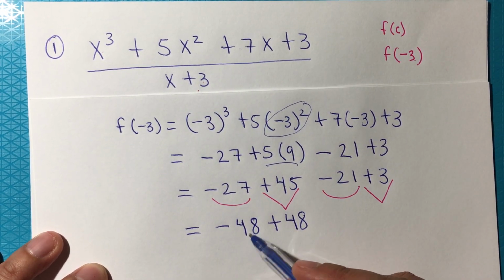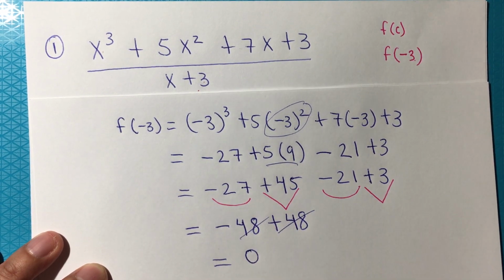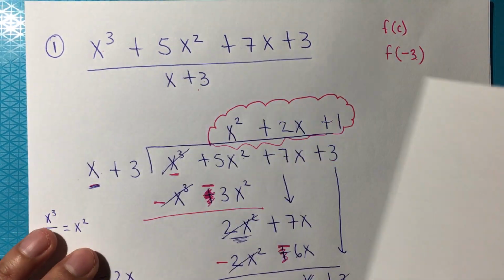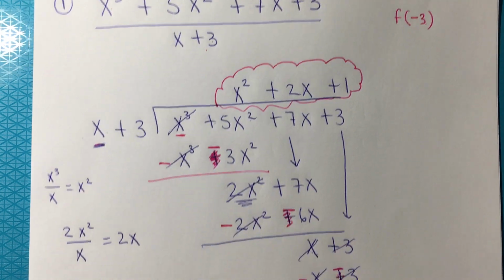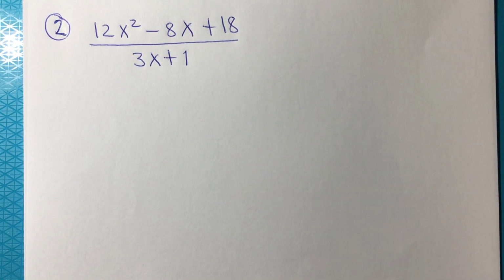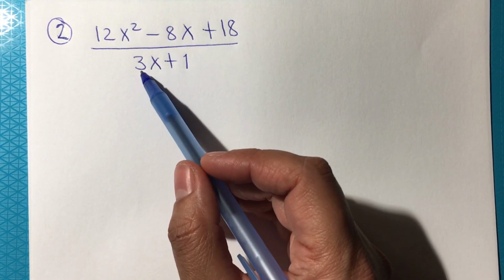And as you can see, negative 48 and positive 48 cancel each other, so you get 0. So we proved that the remainder theorem worked in here. Remainder 0. Okay?